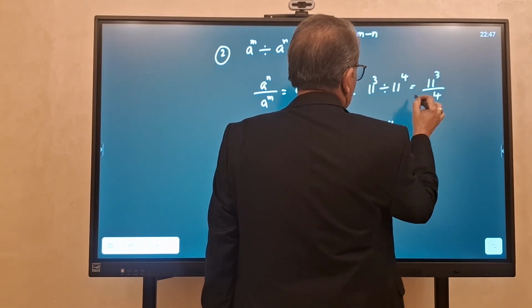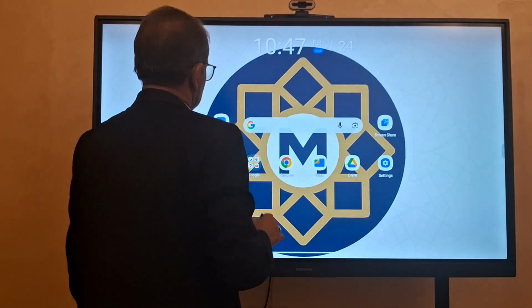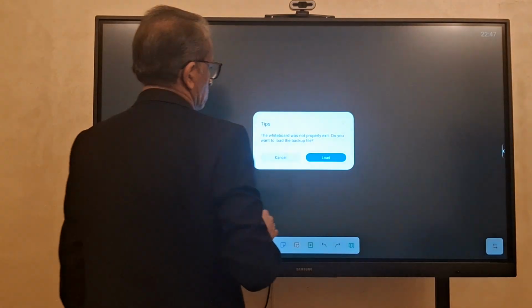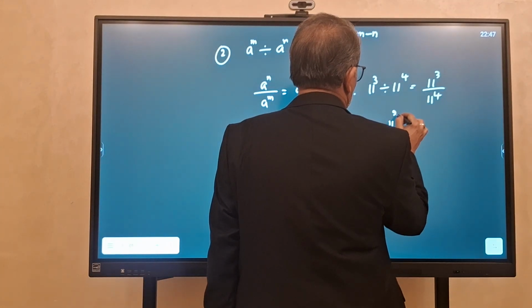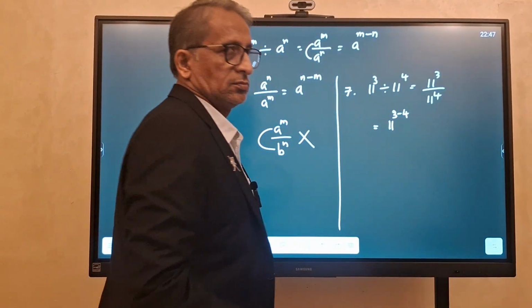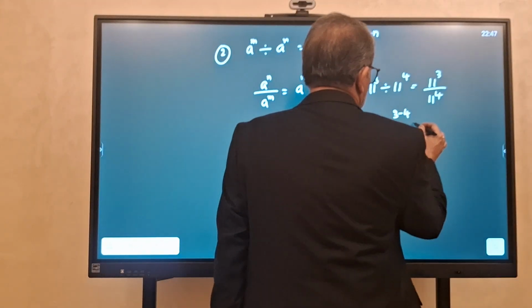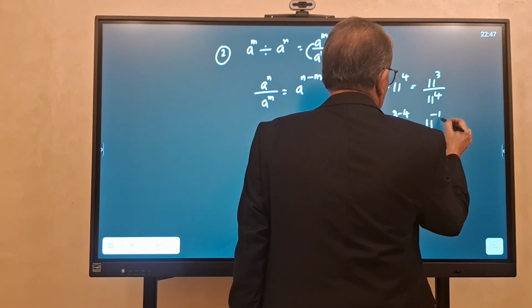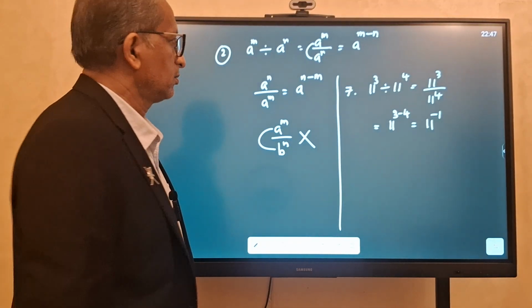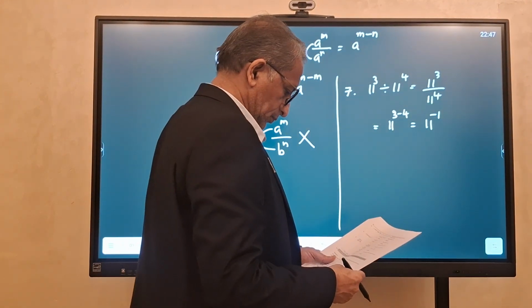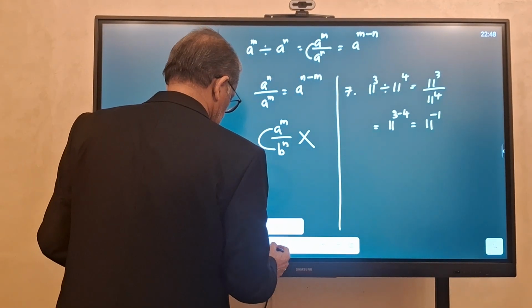This is 11^(3-4), not 4 minus 3, because 3 up, 4 down. Then we have 11^(-1), that is 3 minus 4 equals minus 1. Now we take another example.